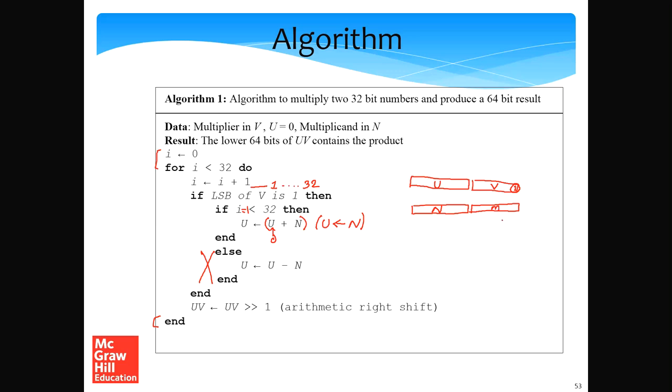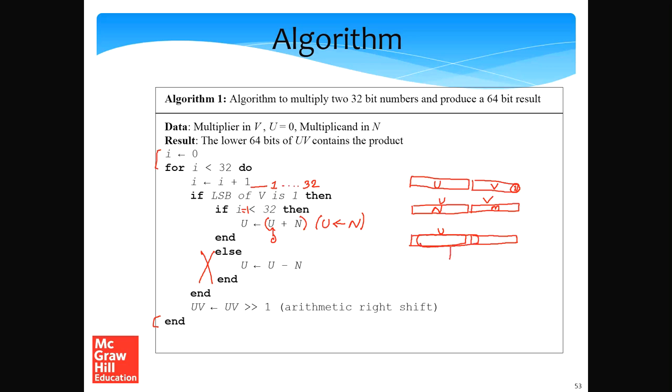Then we shift it to the right by one position. This is still register U and register V. So the product will be in U as well as in one bit in V.